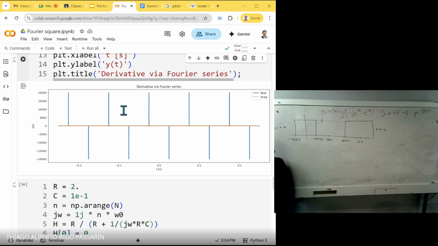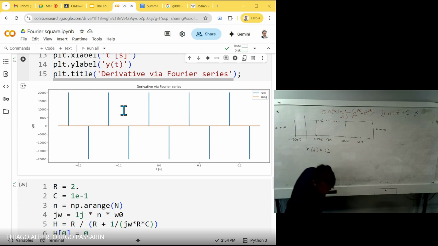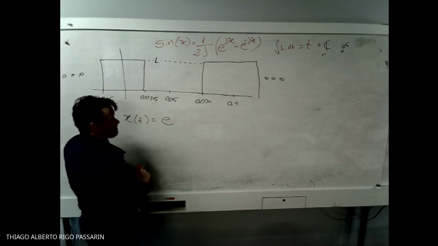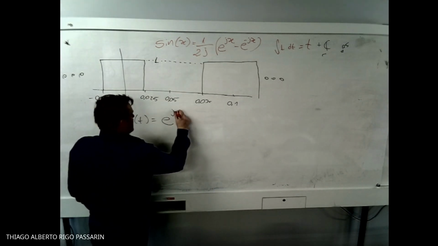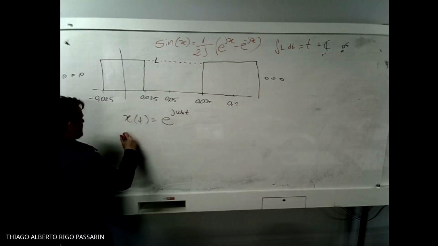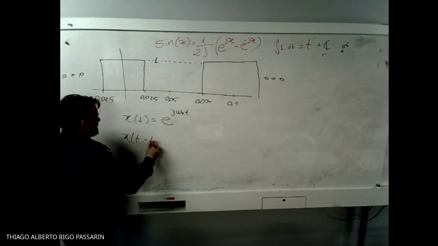So, let's show that exponentials are also eigenfunctions for another operation, which is time shifting. If you have an x of t, e to the j omega 0 t, then what is x of t minus t0?